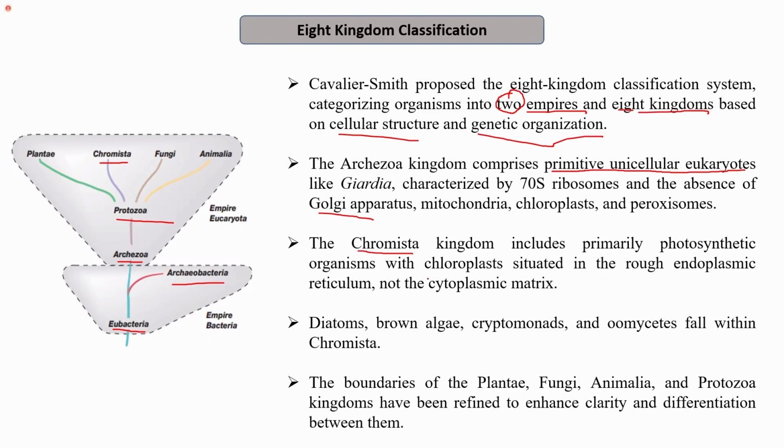It includes primarily the photosynthetic organisms with chloroplast situated in the rough endoplasmic reticulum, but not the cytoplasmic matrix. So there is a difference. Here we can have confusion about the presence of the chloroplast. The chloroplast is a photosynthetic pigment even in the kingdom Plantae.